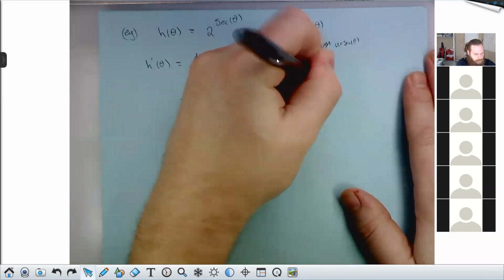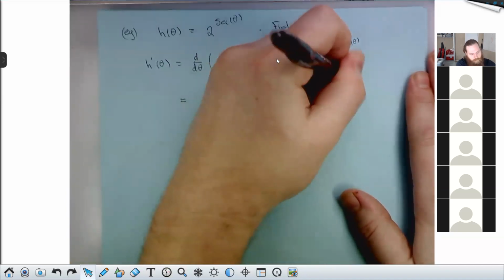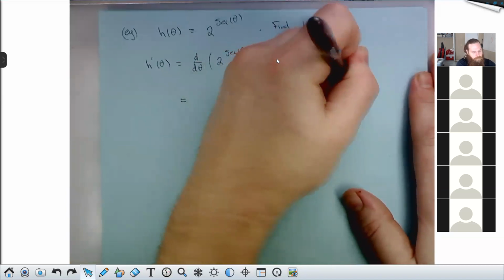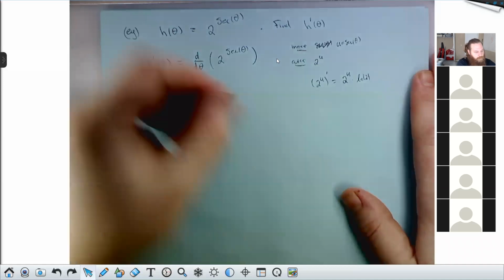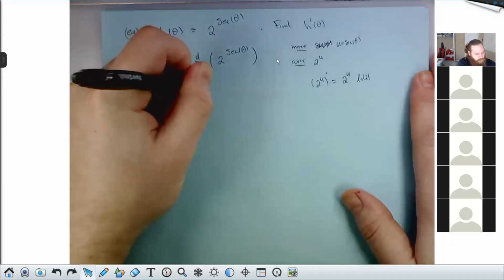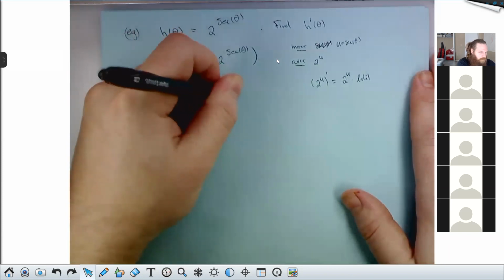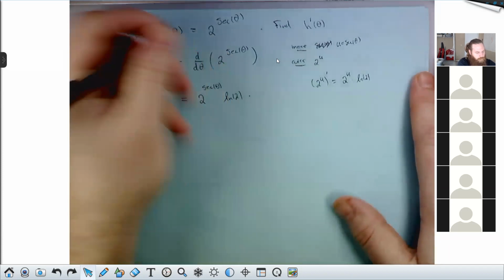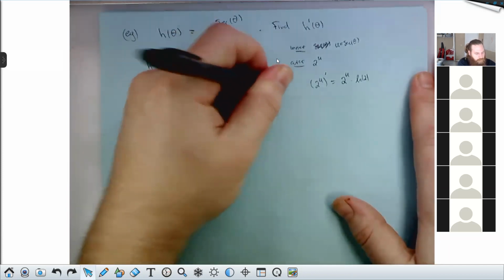The derivative of 2 to the u is 2 to the u times the natural log of 2, right? Remember, the derivative of any other base exponential is like this. So I would have 2 to the secant theta times the natural log of 2. That's differentiating the outer, leaving the inner alone. And then I would multiply by the derivative of secant theta.